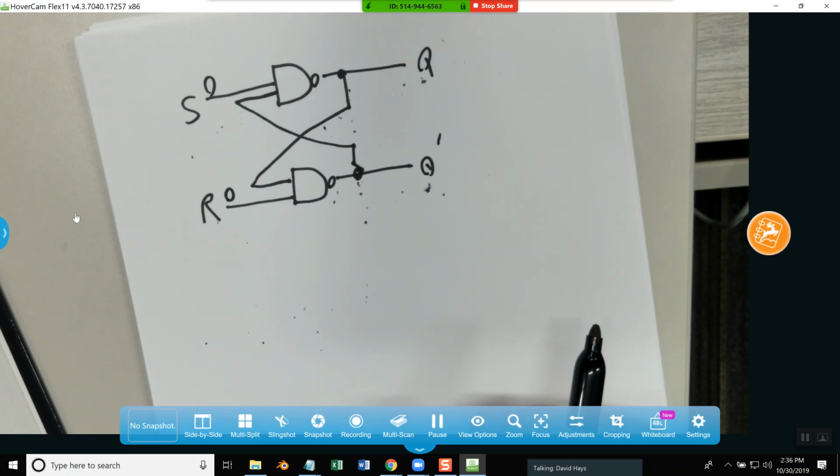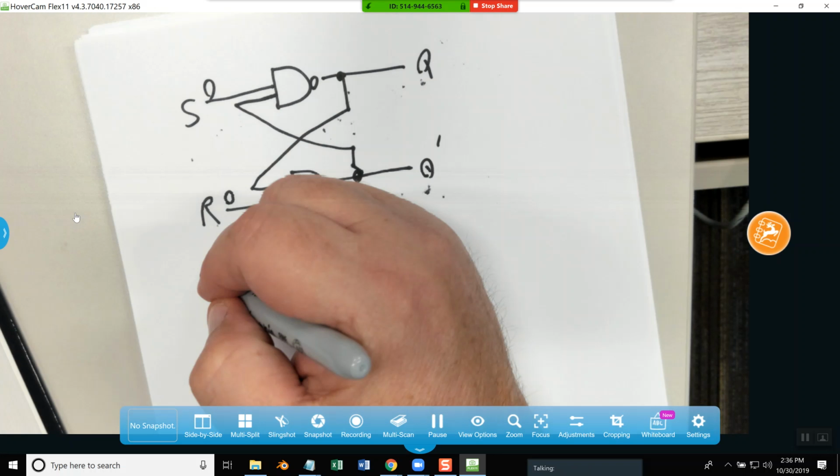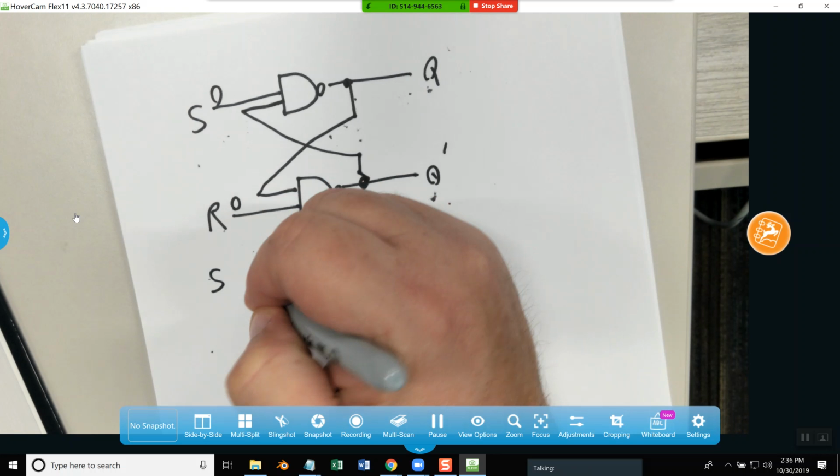I got 1, 1 here again, but 0, 0. Just the AND. That'd be 0. This would be a 1, 0, 1, 0. Then the NAND flips that, inverts it. 1, 0, 1, 0, 1.